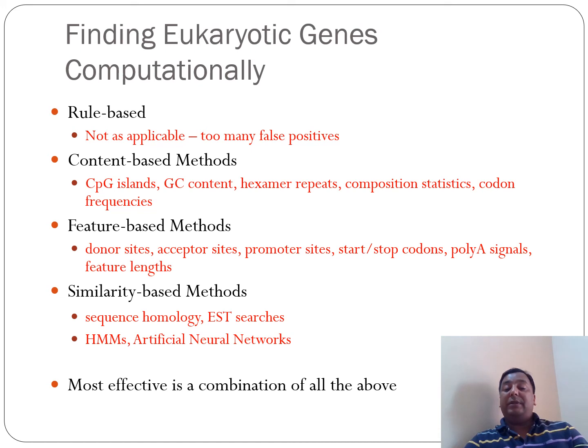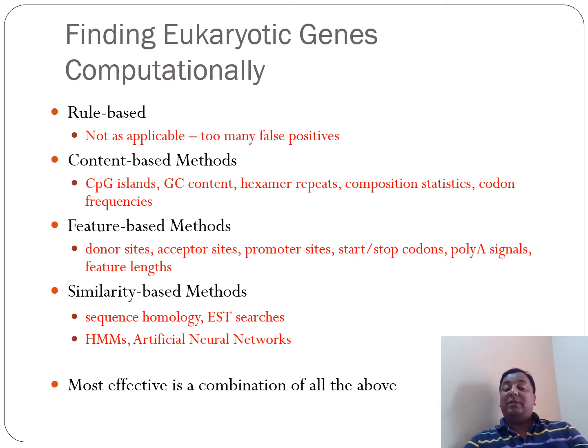And the feature-based methods have also been included in finding the eukaryote genes in terms of their promoter sites, donor sites, acceptor sites, and polyadenyl sites, which are at the three prime ends, AAA signals.